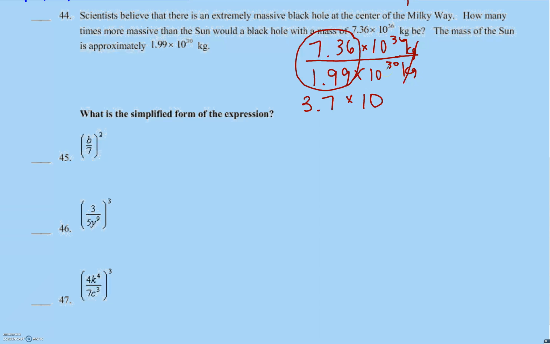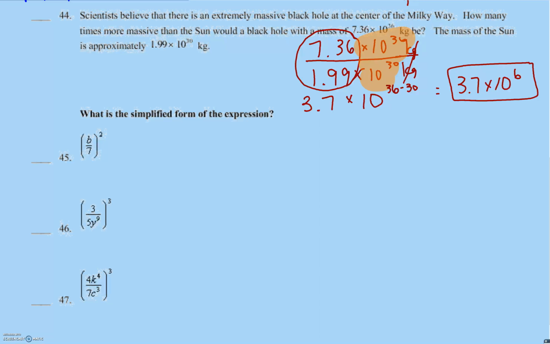Here we're dividing powers with the same base. And when we divide powers with the same base, we subtract our exponents. So 36 minus 30. It's going to give me 3.7 times 10 to the 6th. So it's 3.7 times 10 to the 6th times more massive.